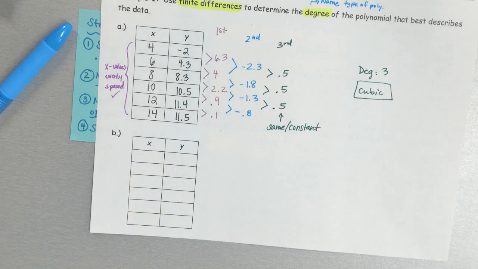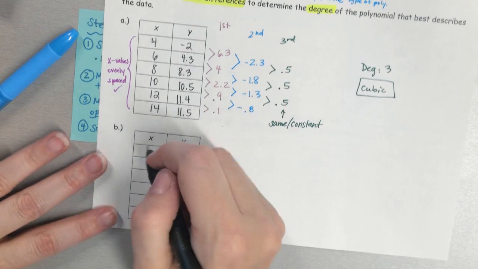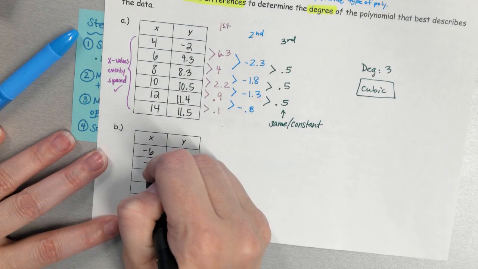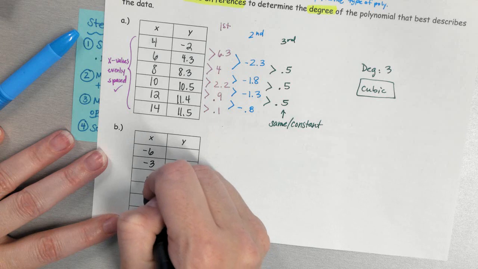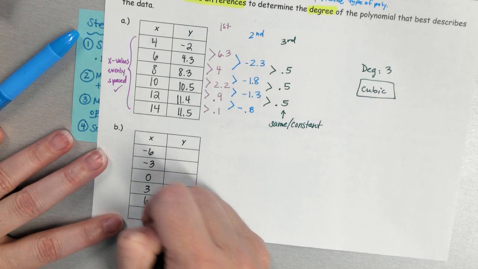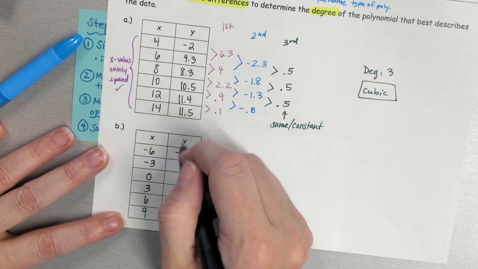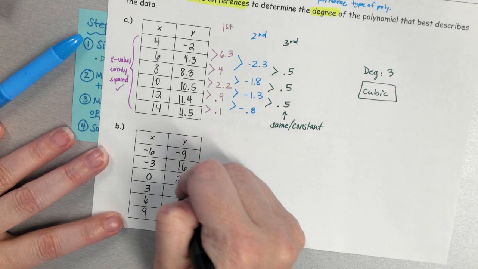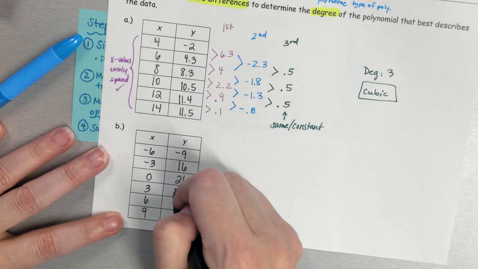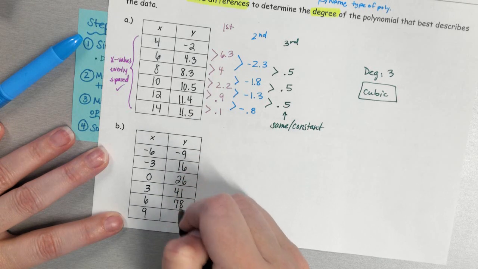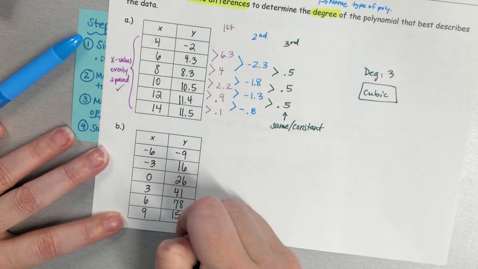Alright, I'm going to let you try part B on your own. So the x's are negative 6, negative 3, 0, 3, 6, 9, and then your y's are negative 9, 16, 26, 41, 78, and 151.